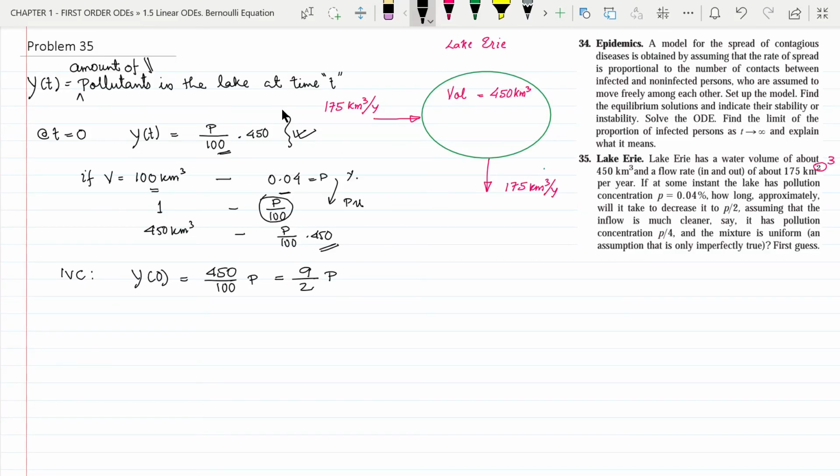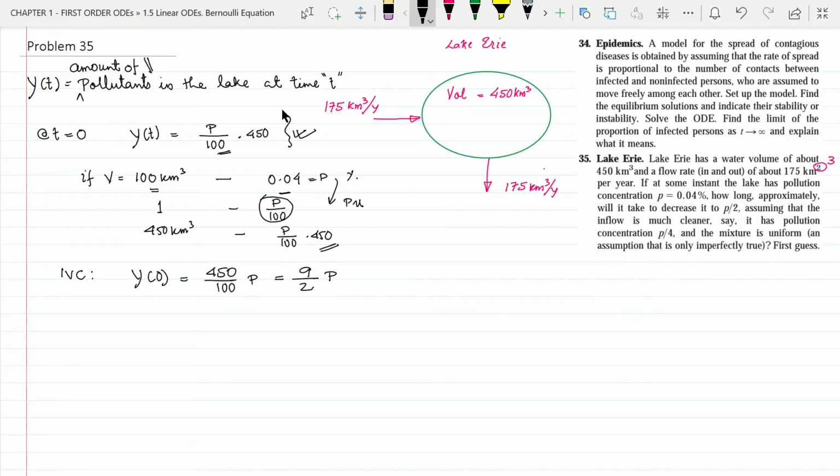Next, let us see the statement of the problem and formulate the model or the differential equation. Now it is given that the flow inside the lake is much cleaner, which has a pollution concentration of P by 4, and the flow out has the same pollution concentration as the lake at any time t, because it has been given in the question that the mixture is uniform.